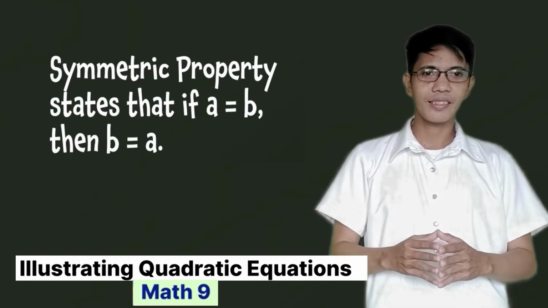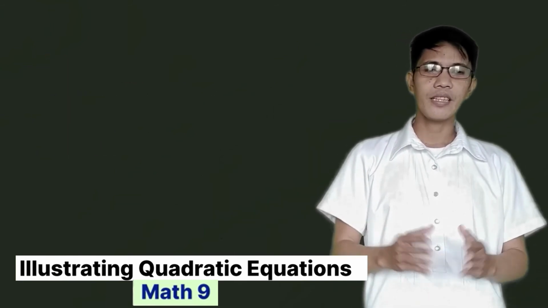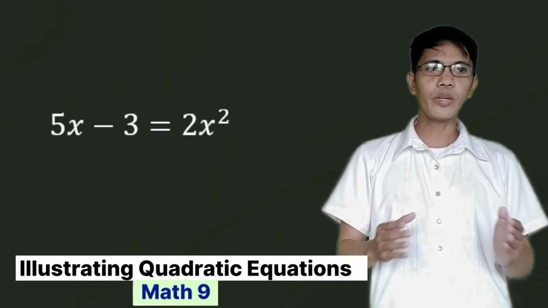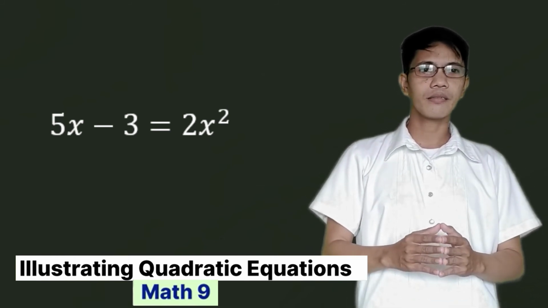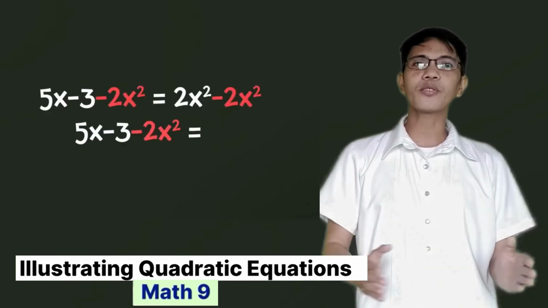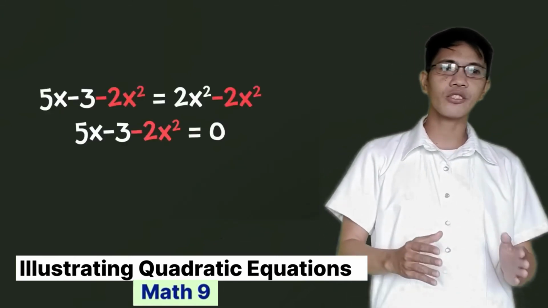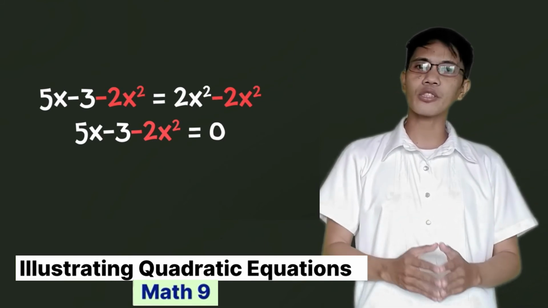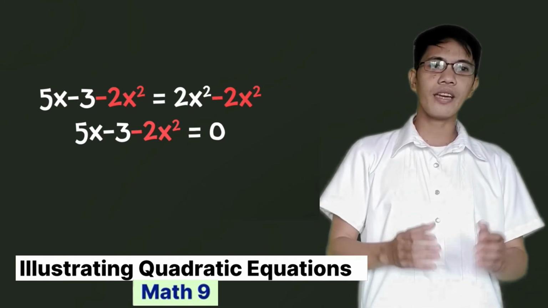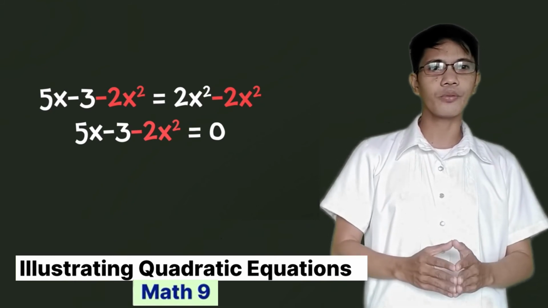Case 1. Symmetric property. Example, we are to write 5x minus 3 equals 2x squared. One way to do it is to apply the subtraction property of equality, so that the left side of the equation contains the quadratic term and the right side is just 0.